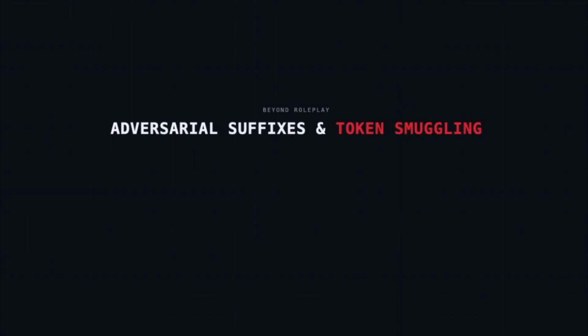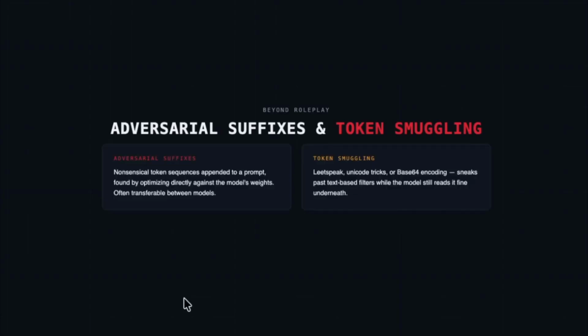Token smuggling is encoding harmful content in leetspeak, Unicode tricks, or base64 to sneak past text-based filters, while the model still reads it perfectly fine underneath. Both exploit the gap between what a filter sees and what the model actually understands.